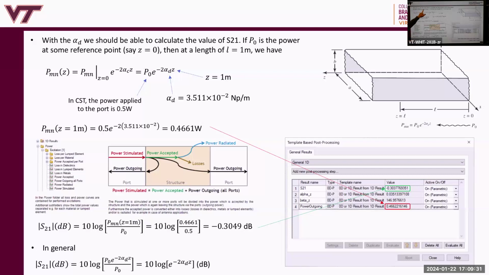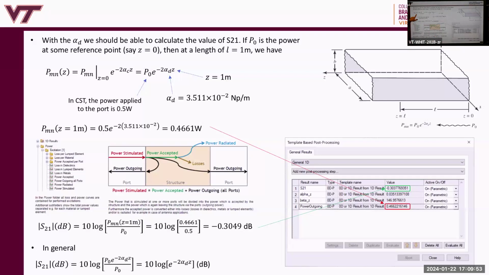With alpha d, we should be able to calculate the value of S21. If P0 is the power at some reference point, say z equal to 0 at waveguide port number 1, and we have a length of L equal to 1 meter, for example, then at z equal to 1 meter we should be able to calculate what the S21 magnitude is by knowing the losses analytically.